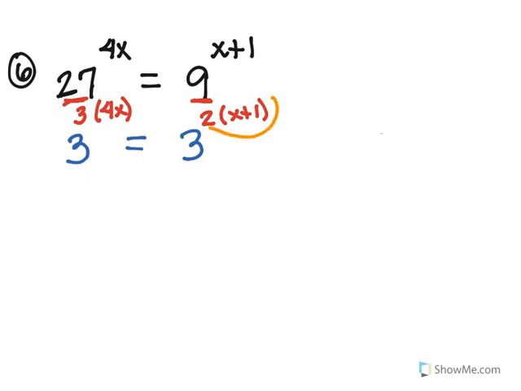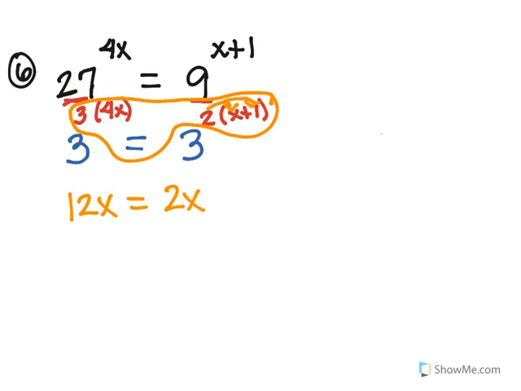And then you're going to set the exponent part equal. So this is just multiplication. 3 times 4x is 12x equals, you're going to distribute the 2. That will give me 2x plus 2.